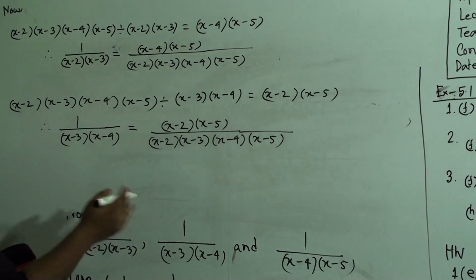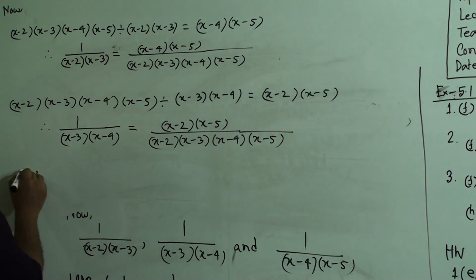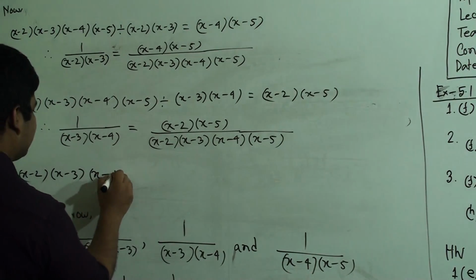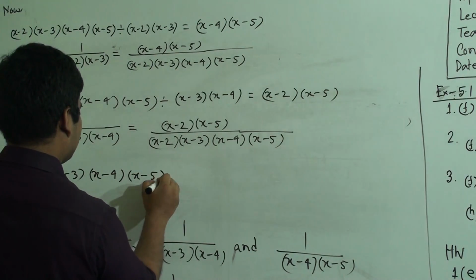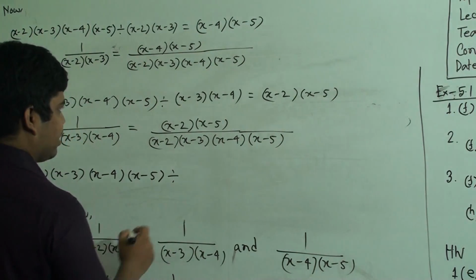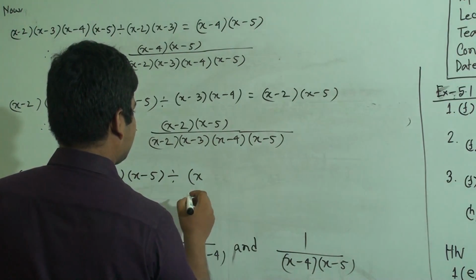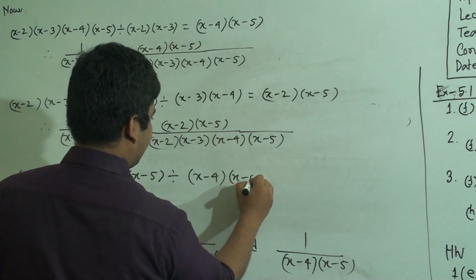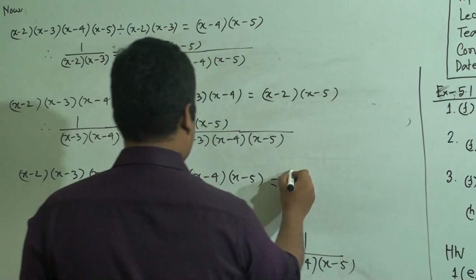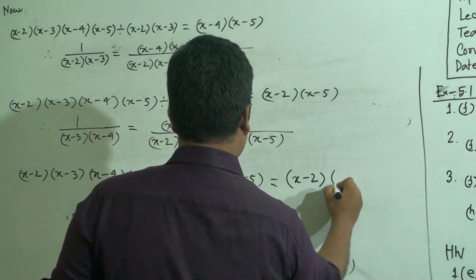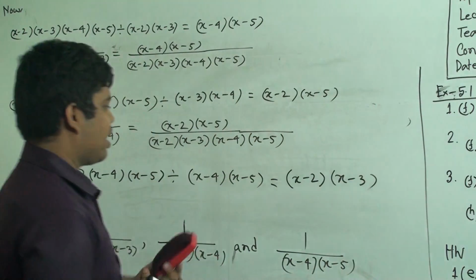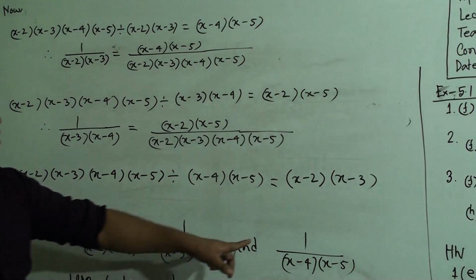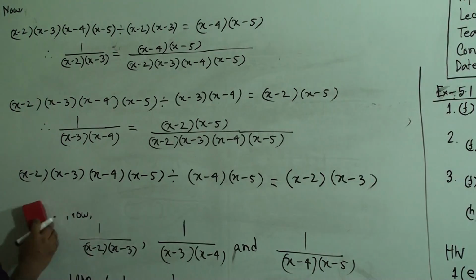And lastly, we divide this LCM by the denominator of the third fraction, x minus 4, x minus 5, and we get x minus 2, x minus 3, and this x minus 2 into x minus 3 is multiplied with numerator and denominator of this fraction.